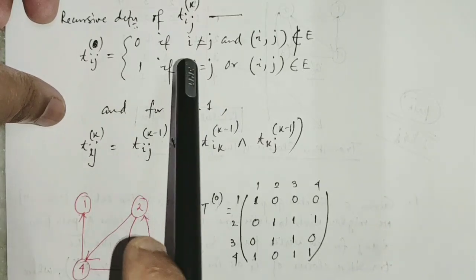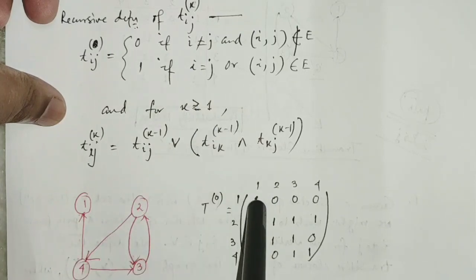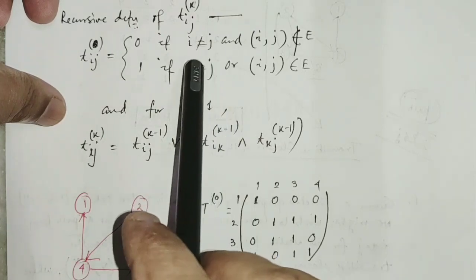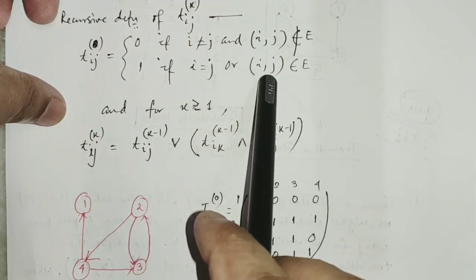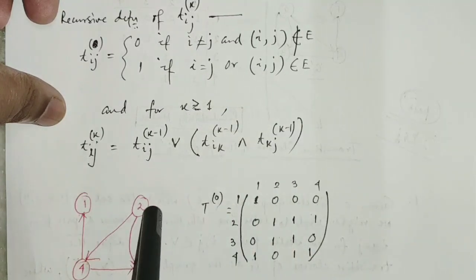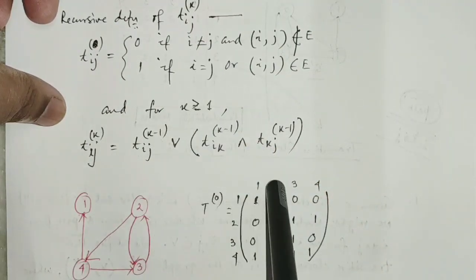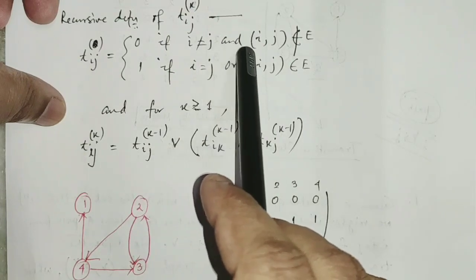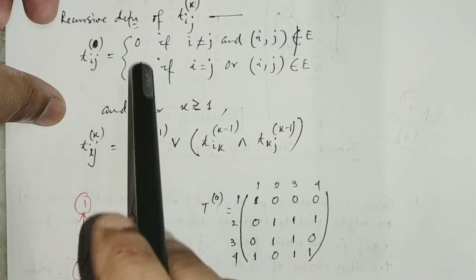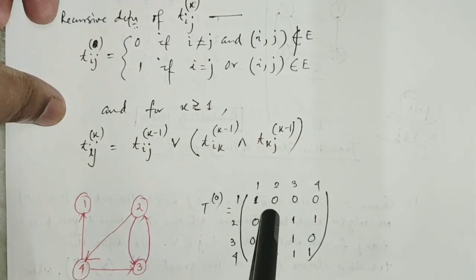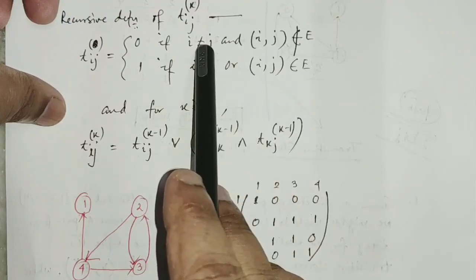So 1 1, i equals j, so the entry is 1, fine. 1 2, i equals j is false, or i comma j, is there any edge from 1 to 2? No. So come back to the second one, i not equal j, yes, and there is not an edge from i to j, so the value is 0, fine. 1 3, i not equal j, and both conditions should be true.